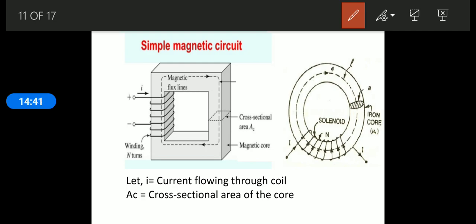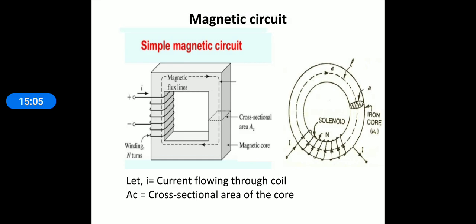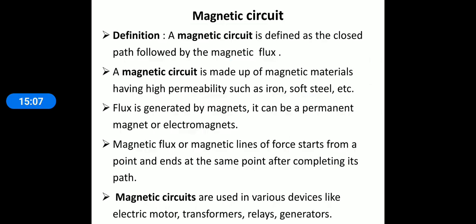When current flows through this coil, the magnetic flux is established in the core. I is the current flowing through the coil, and A is the cross sectional area of the core.